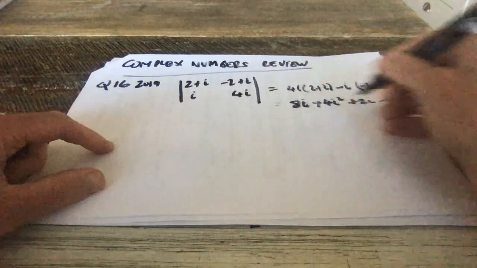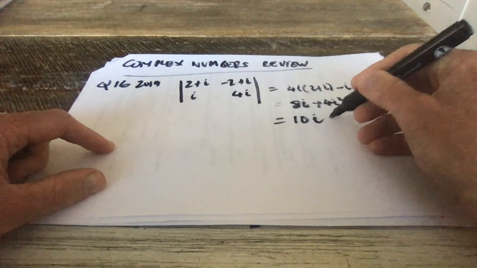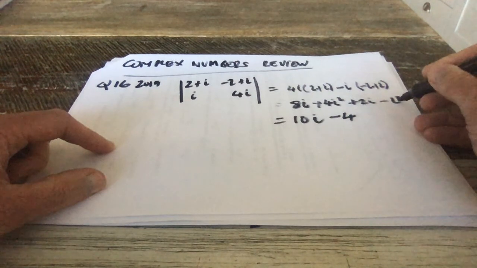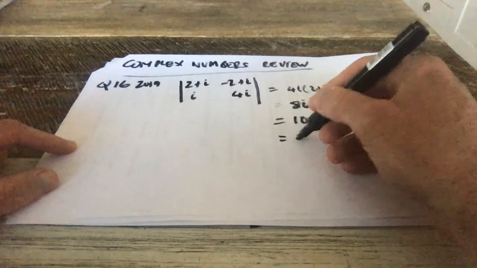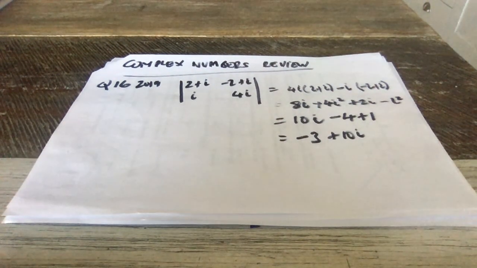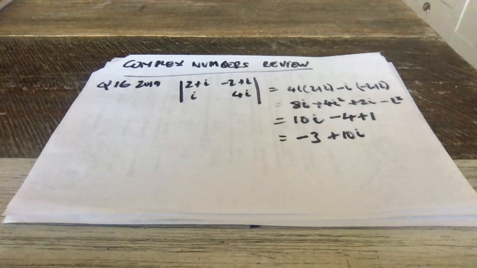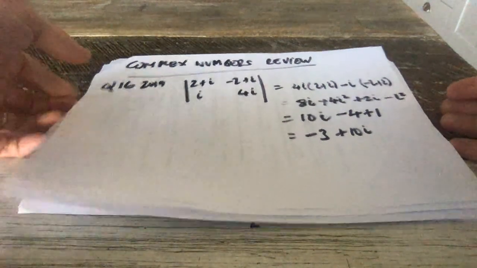So that gives you 8 plus 2i gives you 10i. i squared is -1, so that's -4. And minus by minus gives you 1, that's +4, I think. So what you get then is -3 plus 10i. So that gives you the answer to question 16. So it's the basic idea of determinants and the fact that i squared is equal to -1. That's all this is testing. Come on, this is a joke.